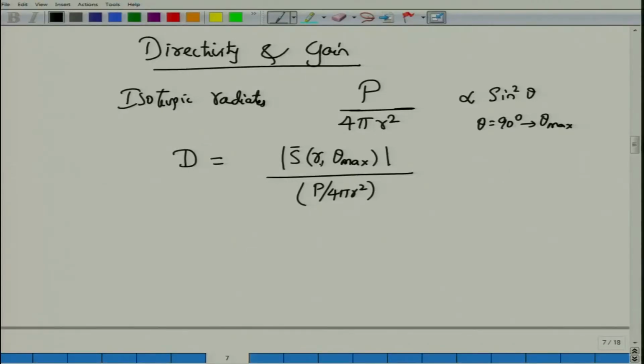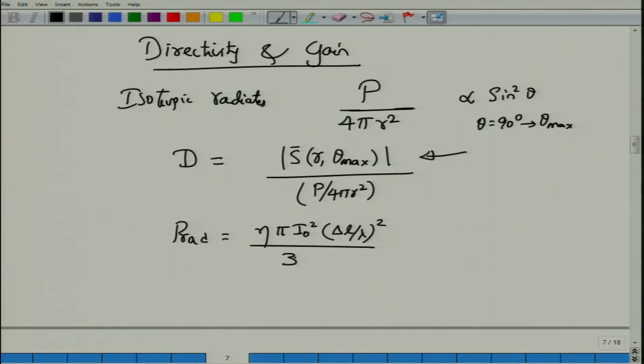So, you already know the numerator for the case of an elementary or short dipole. For our short dipole, we have already seen that the radiated power is given by eta pi I0 square delta L by lambda whole square divided by 3.